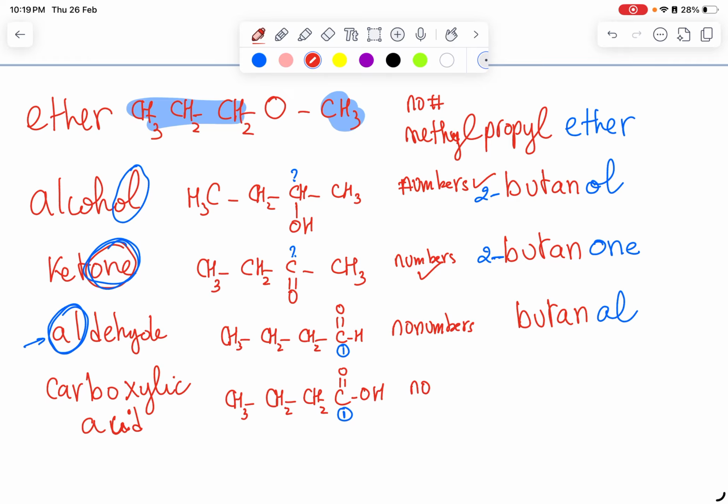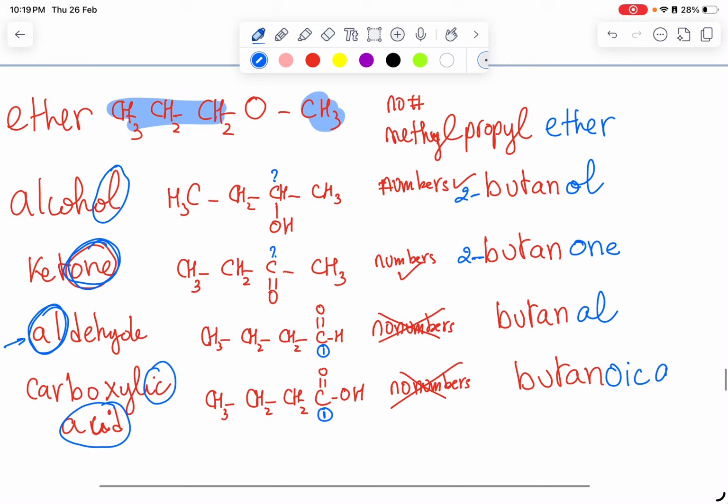Again, in this one, no numbers to use in the IUPAC. So again, you're gonna say butan, but this time you're gonna use oic acid. Butanoic acid, with no number.